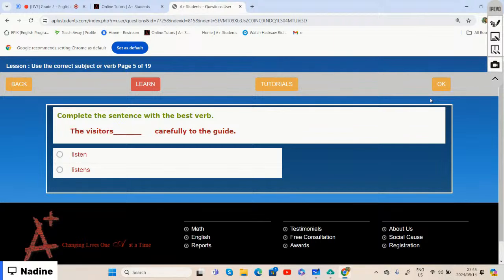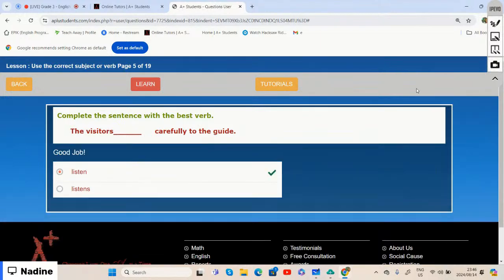All right, so we can say the visitors. Remember, we are talking about more than one visitor, so it means that it's a plural. So we can say the visitors, they listen. Because remember, if we have a plural subject, then we need to have a plural verb that does not end with an S, ES, or IES. So we say the visitors listen carefully to the guide.